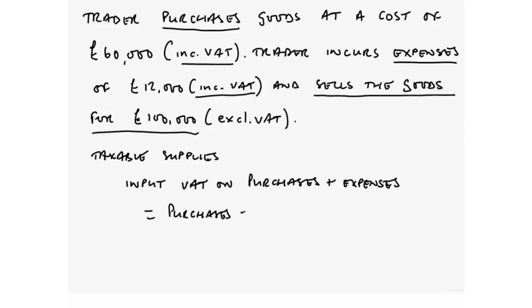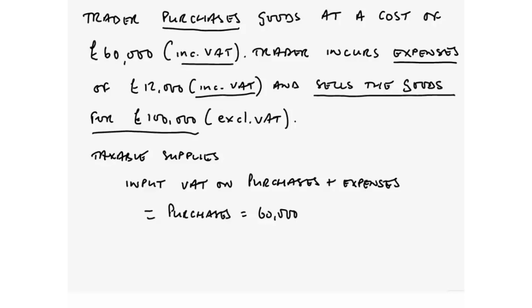the VAT inclusive figure is 60,000. Now be very careful here. That is 60,000 inclusive of VAT. Remember what inclusive of VAT means. It means that on top of the seller's normal price, they have charged plus 20% of that selling price VAT, an extra 20% VAT.